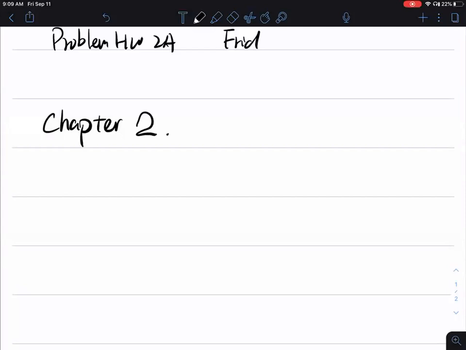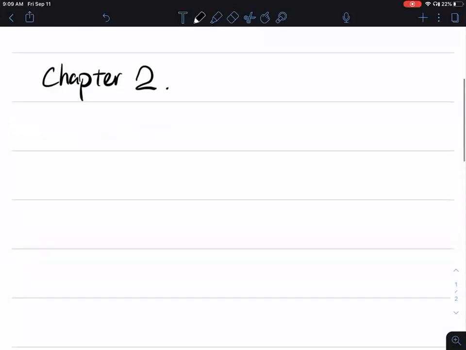Okay. All right. So we're going to start from chapter 2. We're going to talk about section 2A. We're going to learn 2 new equations. The first equation is about velocity.